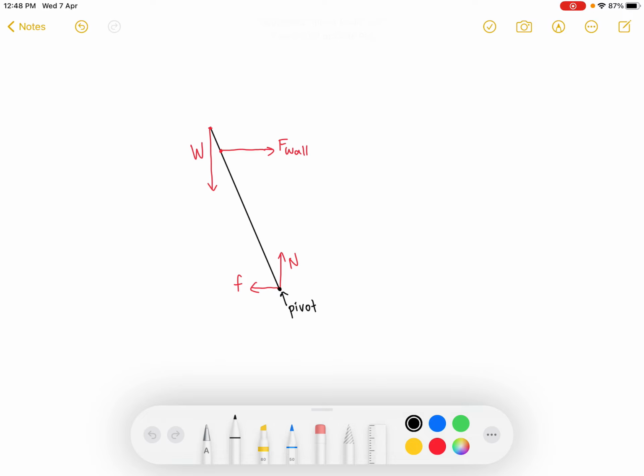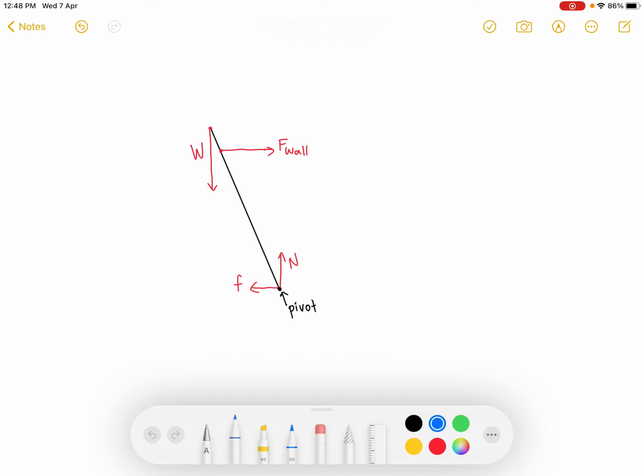Once you have chosen your pivot point, again, the pivot point is arbitrary. It's up to you to choose where you put your pivot point. But once you've chosen where your pivot point is, you determine your lever arms or your moment arms.